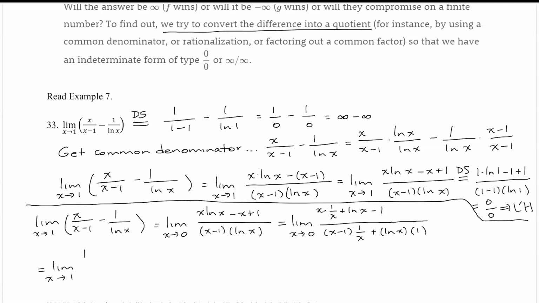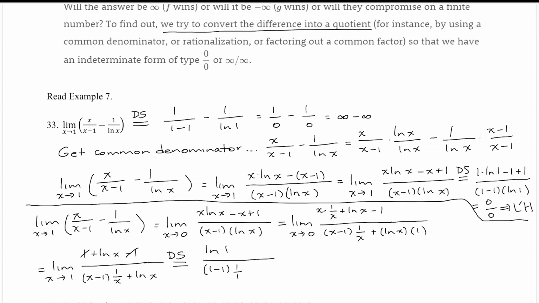So now I'm going to do a little bit of simplifying. I'm taking the limit as x approaches 1. x times 1 over x is 1, plus ln x minus 1 over x minus 1 times 1 over x plus ln x. I don't really have to write times 1 on that.